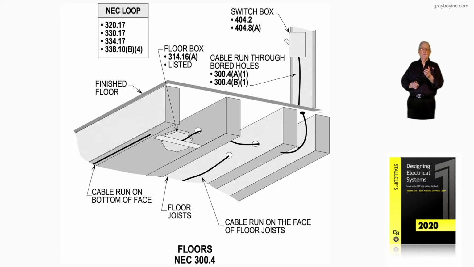You have your floor joist there, you have a cable run on the bottom of the joist, the cable run on the surface, cables run through the holes, run through the flooring, on the wall up to a switch and so forth. And we're not looking at the support rules here, we're just reviewing the routing of the cable where it would be considered protected.